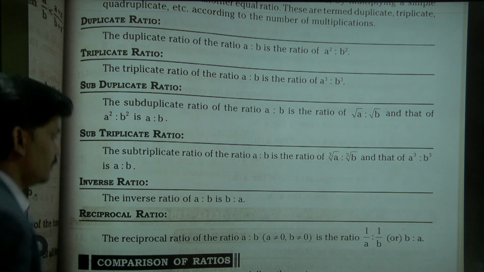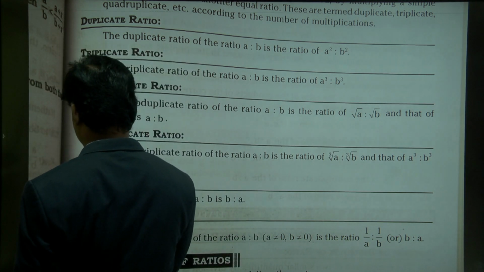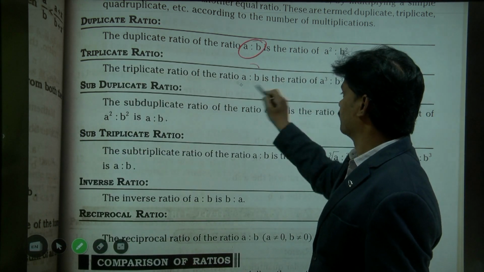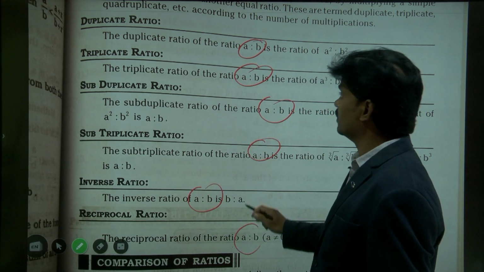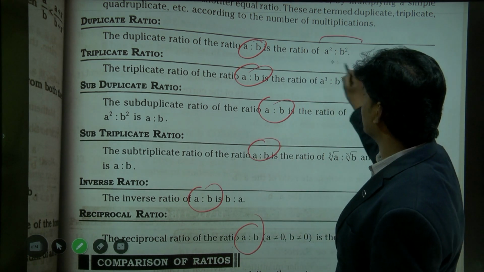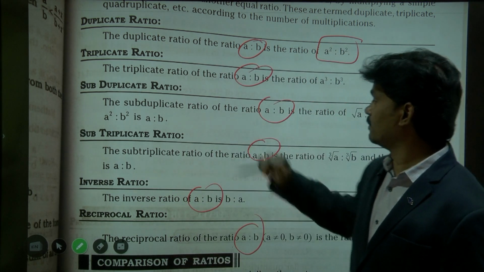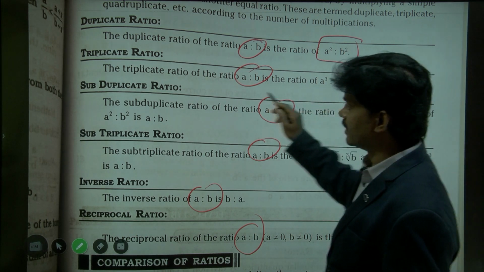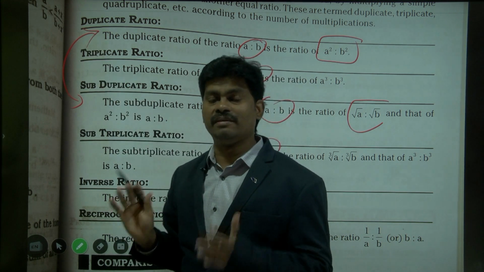Okay. The first, duplicate ratio, we'll see. For all, we'll take A is to B only. Duplicate ratio, we just do the product of the same: A square is to B square. Subduplicate, we'll take the square root. Duplicate and subduplicate will make a pair.